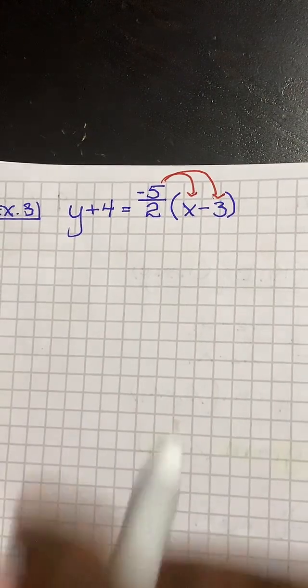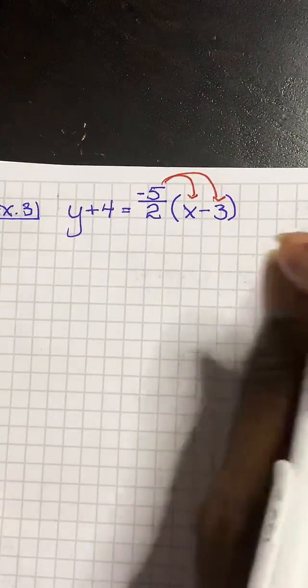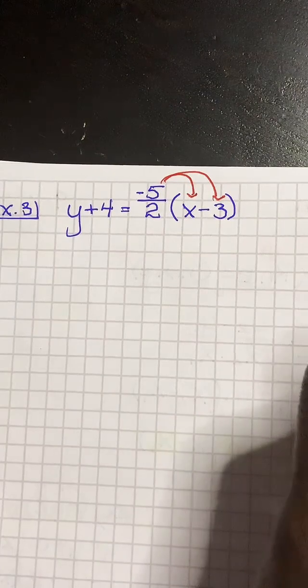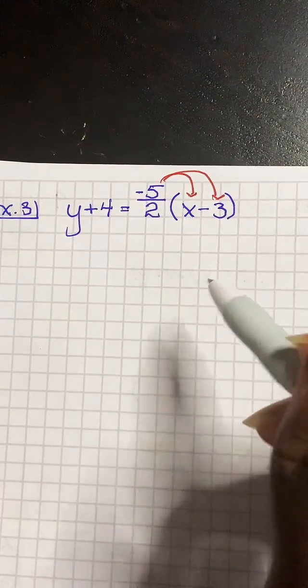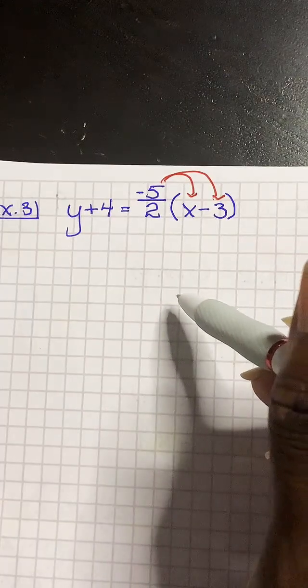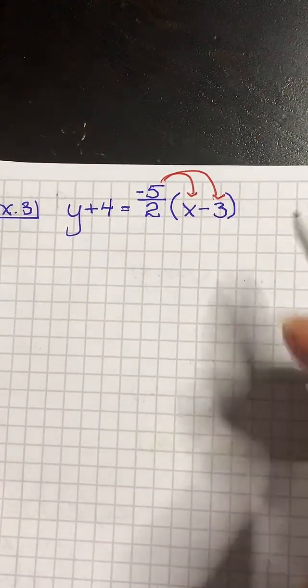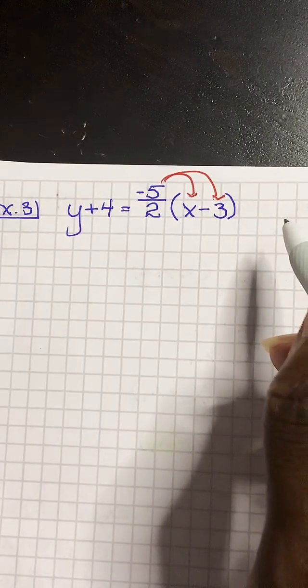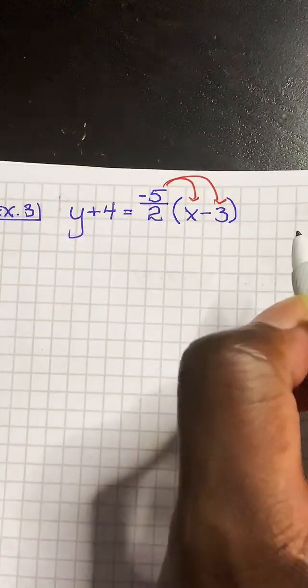I would not convert to decimals. The reason is it would be hard for me to do a slope that is like 0.67. So we're going to have to face fractions. I know, but we're going to work through it, step by step.